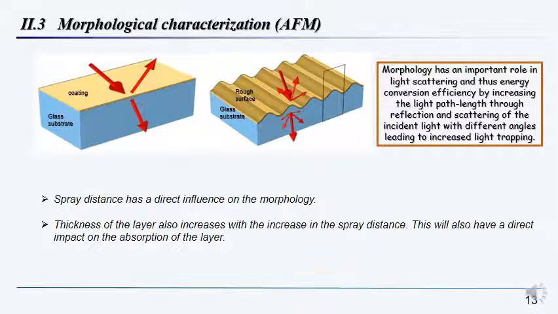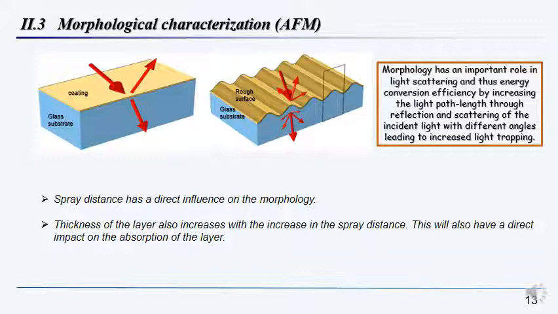It is well known that the morphology of the surface of a TCO layer has an important role in improving the light scattering and thus the energy conversion efficiency by increasing the light path length through reflection and scattering of the incident light. Finally, as we have shown, the spray distance has a direct influence on the morphology.